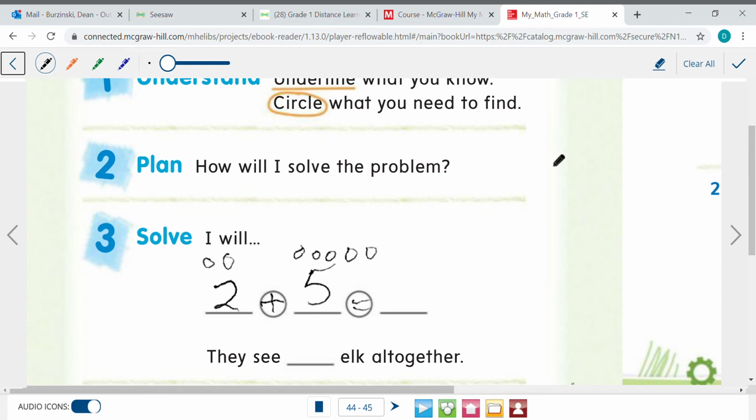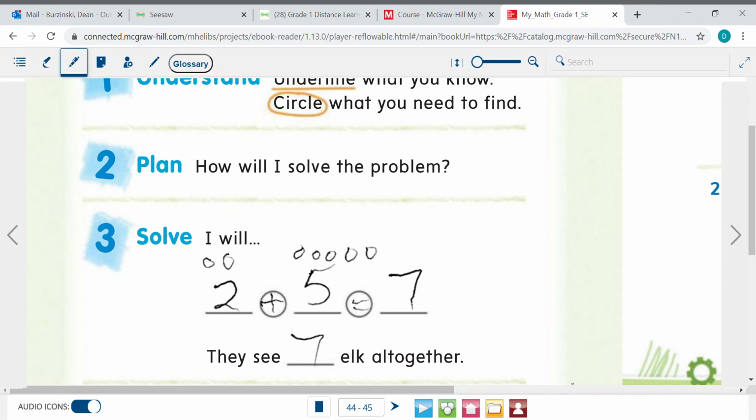And we'll count from 1, 2, 3, 4, 5, 6, 7. And we have 7 altogether. So they see 7 elk altogether. Does that make sense? I think it makes sense. Well, let's keep going. Let's turn to page 45.